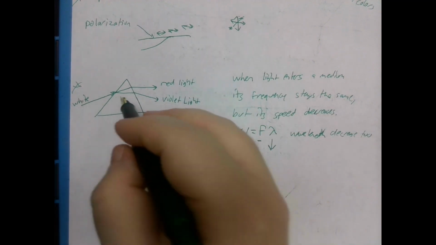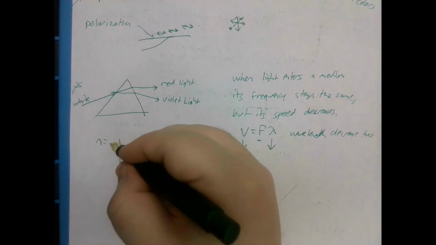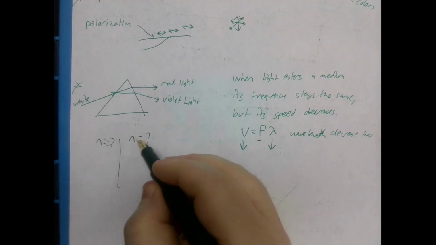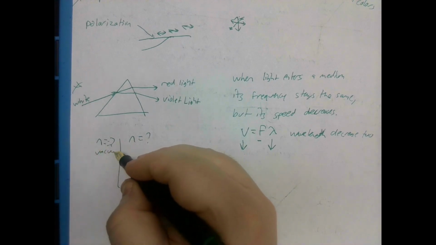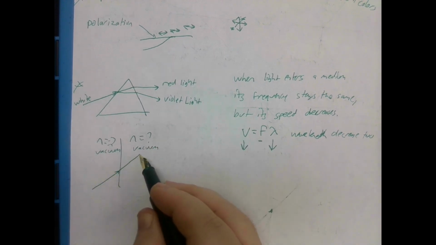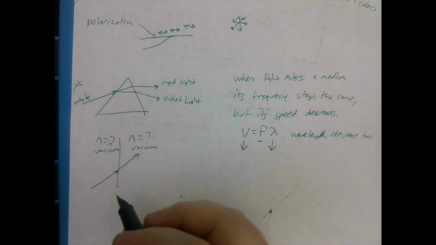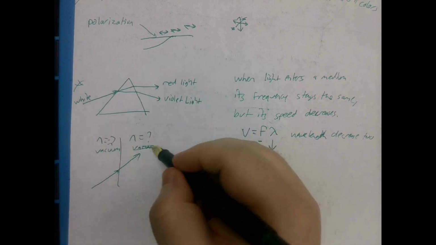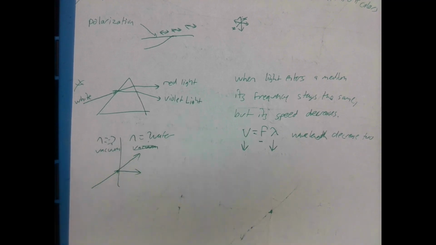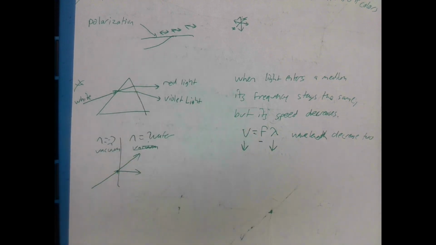If these are the same material, let's say a vacuum on this side and a vacuum on this side, then they would move in a straight line, at the fastest possible speed, the speed of light. So the more it slows down, as this goes to something like water, the more it is going to want to bend. So because this bends less, that tells you it's moving at a higher speed.